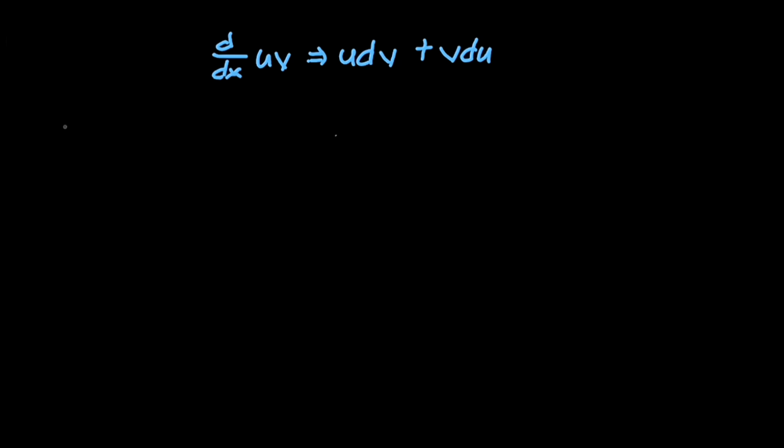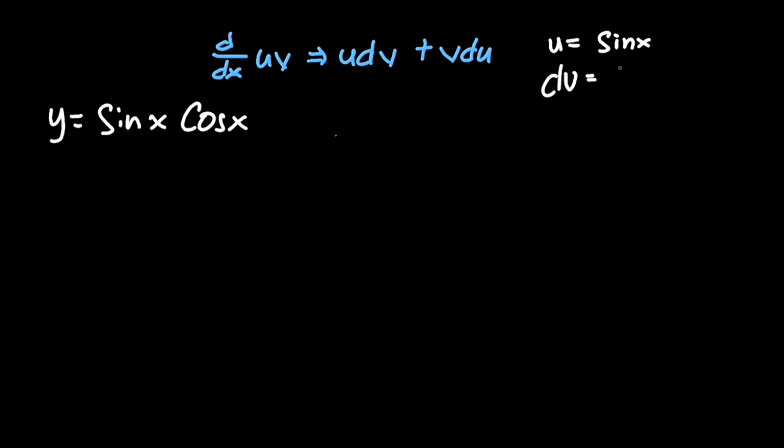Let's try to solve two trigonometric problems together. Y equals sine of x cosine of x. U here would be sine of x, and derivative of sine of x would be cosine of x. V here would be cosine of x, and derivative of cosine of x would be negative sine of x.